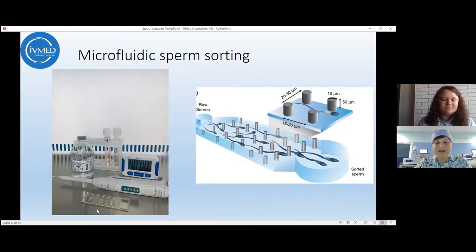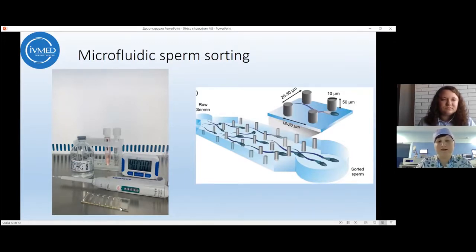And this little device is called sperm chip. We have a small entrance for native ejaculate. We do not prepare the ejaculate in any special way for this device.